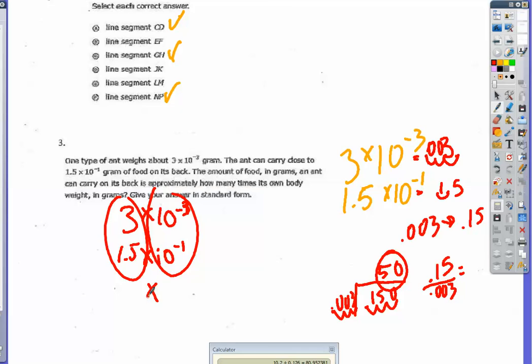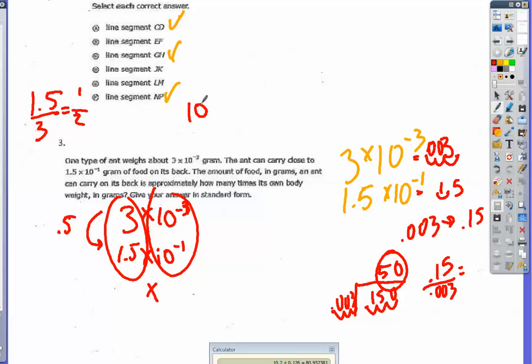So I want to find the scale factor. What did I multiply 3 by to get 1.5? Oh, 0.5. Okay. So in other words, what I did was I said 1.5 divided by 3 equals 1/2.